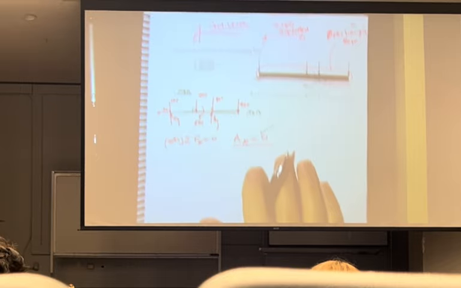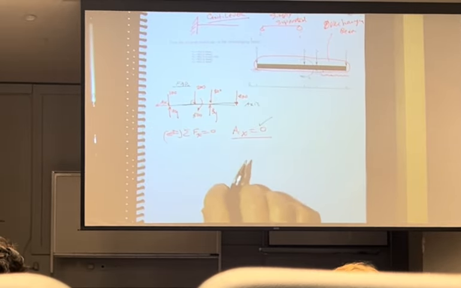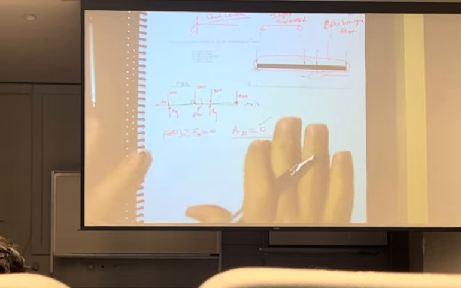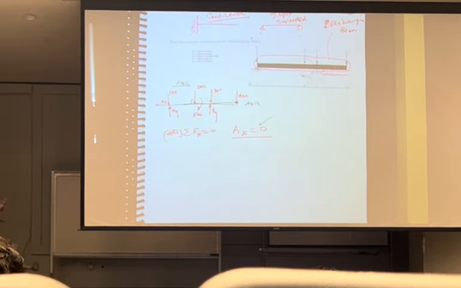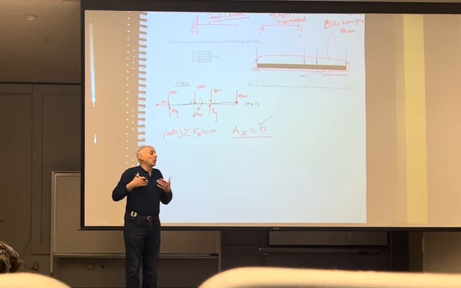Okay? Now, if you're doing this problem, what do you think I should do? A moment or sum of forces in the y? If you're doing this problem on a test, what would you do next? I would do a moment. Where do you want to do a moment?